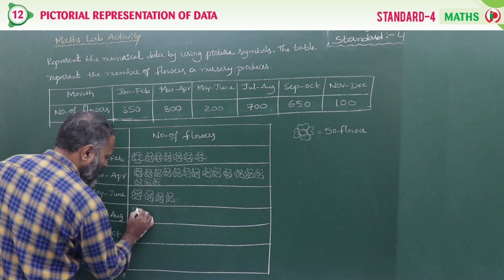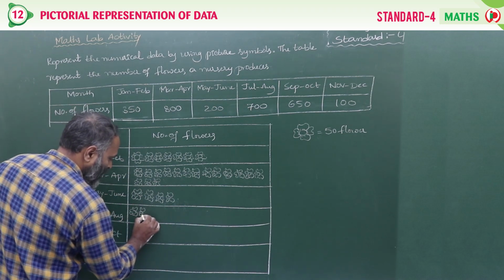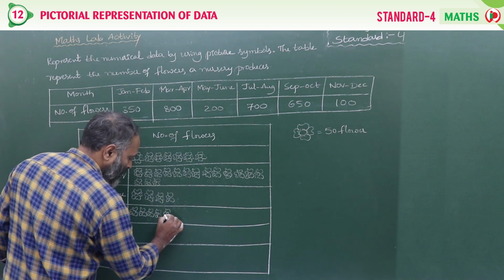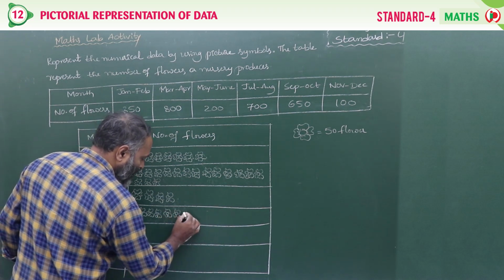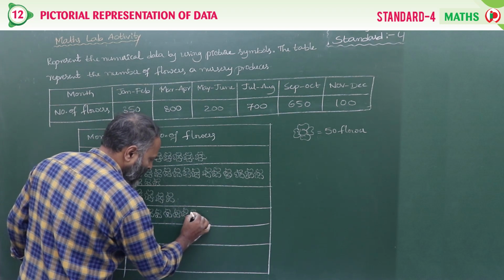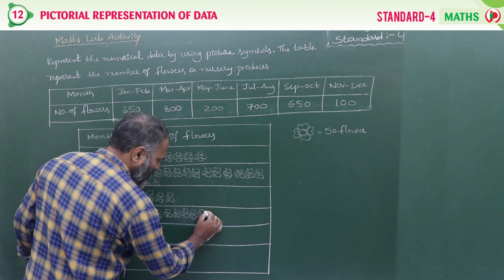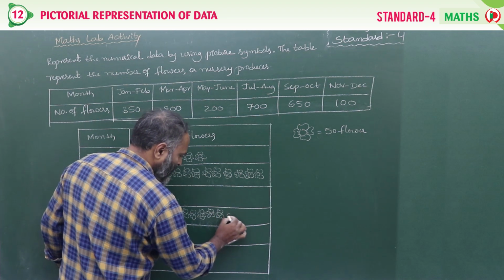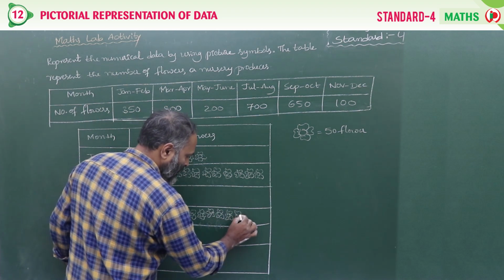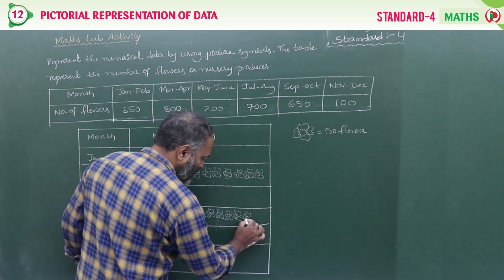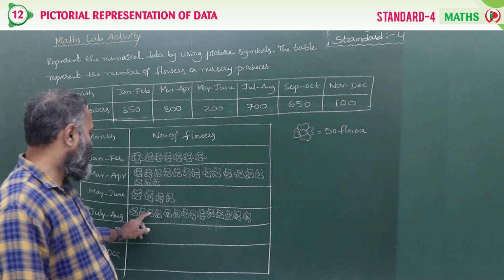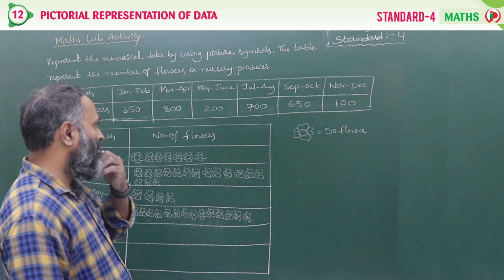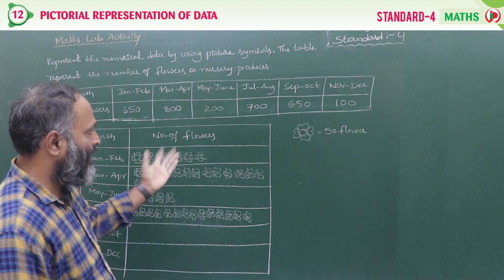The first flower is 50, second flower 100, third flower 150, fourth flower 200, 250, 300, 350, 400, 450, 500, 550, 600, 650, 700. 1 to 14 flowers means 700.